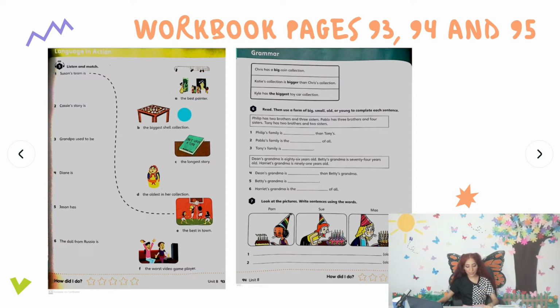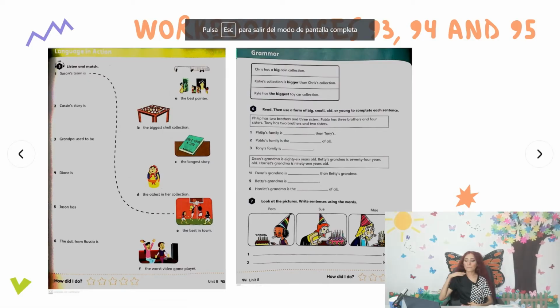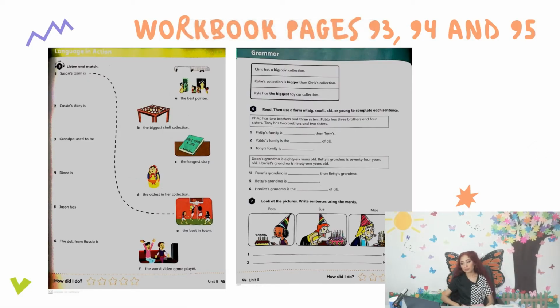A, the best painter. B, the biggest shell collection. C, the longest story. D, the oldest in her collection. E, the best in town. F, the worst video game player. Okay, I'm going to play the audio. Pay attention. Workbook, page 93, activity 5. Listen and match.